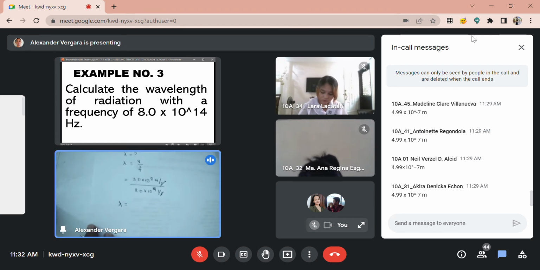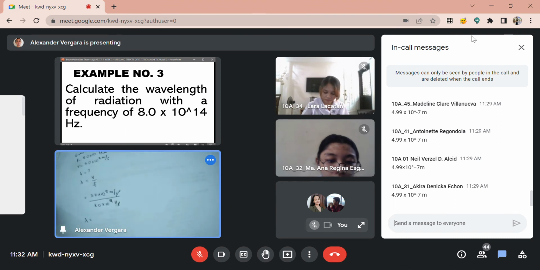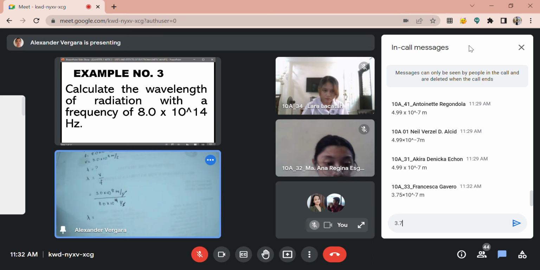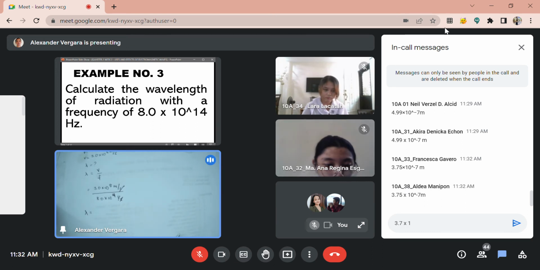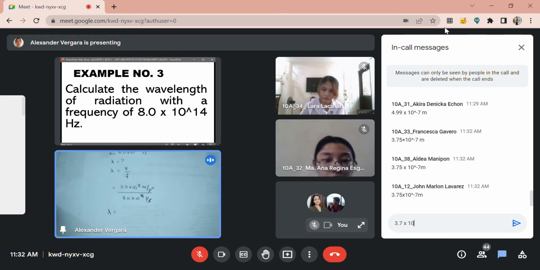Then our wavelength is what? What is the value of our wavelength? You can type it in the calculator, or rather type it in the chat box. Wow, Gabero, very good in computing, very fast.